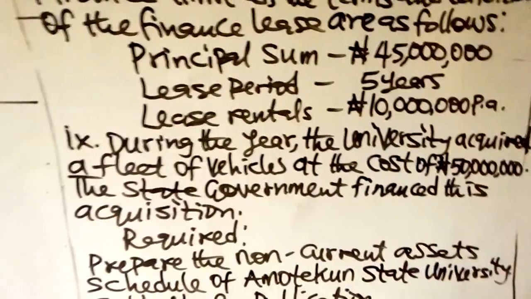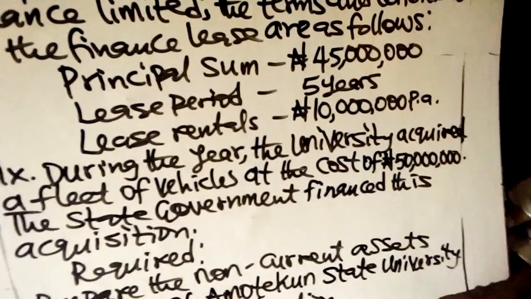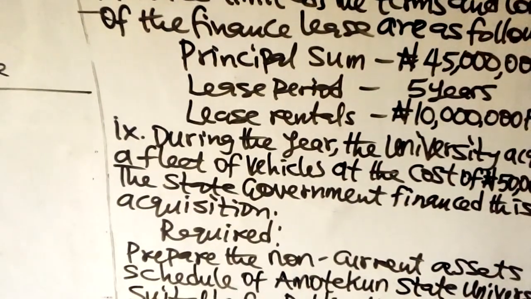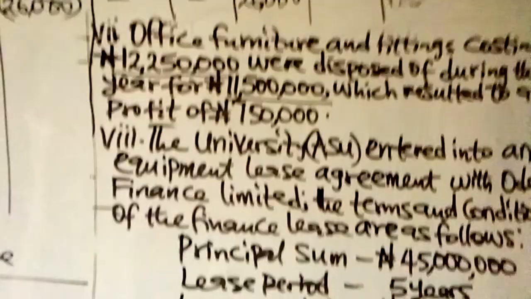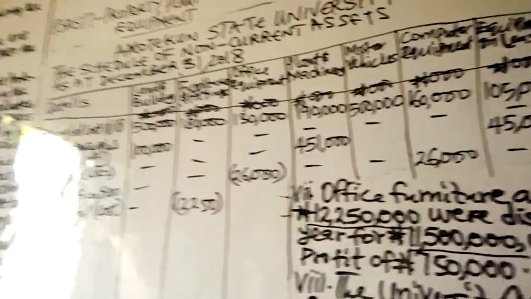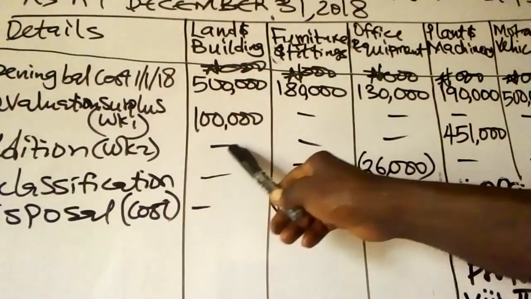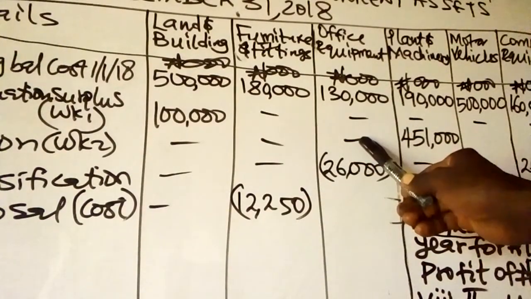During the year, the university acquired a fleet of vehicles at a cost of 50 million. The state government financed this acquisition. There is an addition to vehicles, and that is 50 million. So additions: no addition to land and building, no additions to furniture, no addition to office equipment.